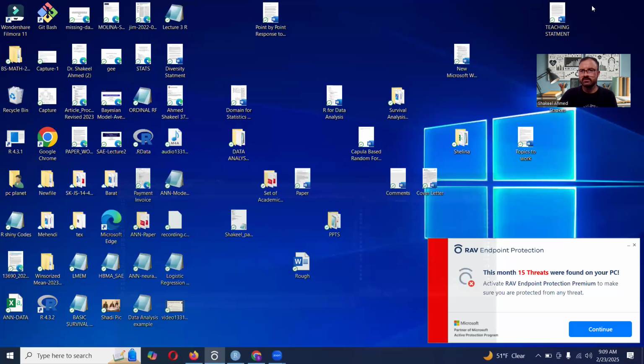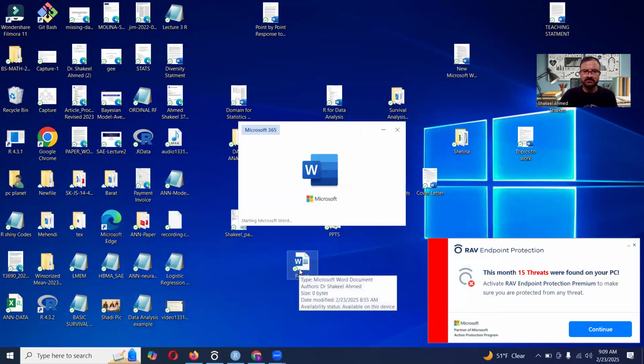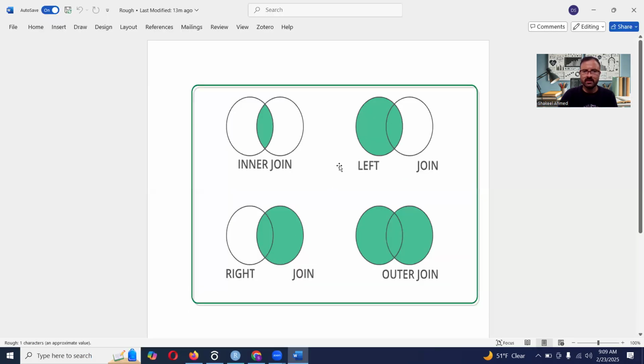I can just show you an example. If you can see, we have two data sets. For example, this is data 1, this is data 2. Then we can merge the data in these four scenarios.